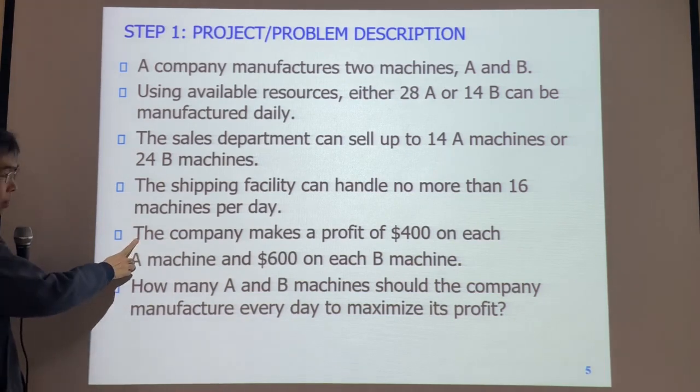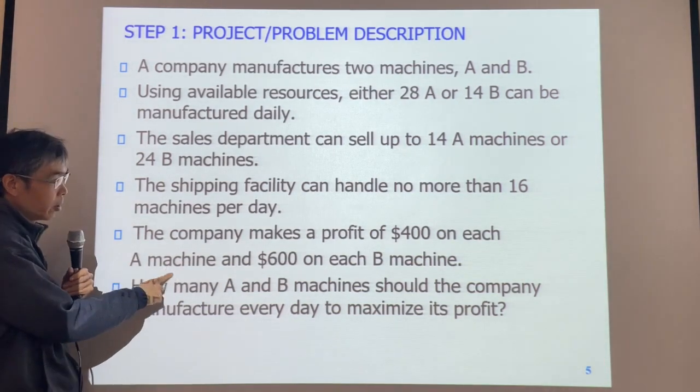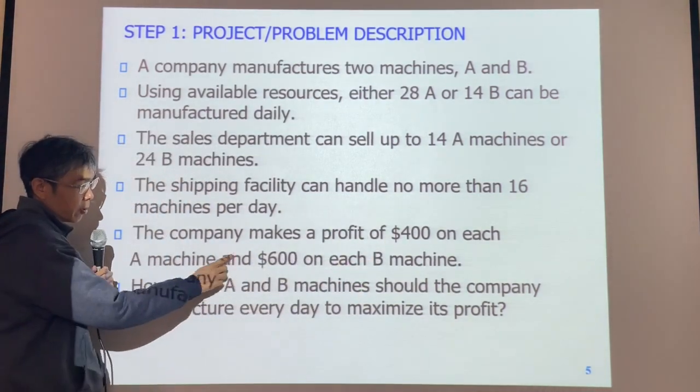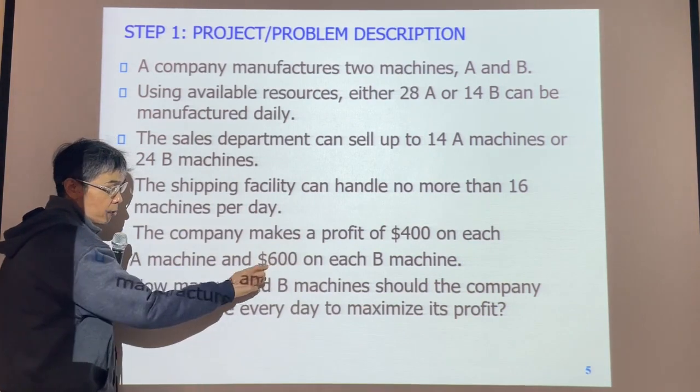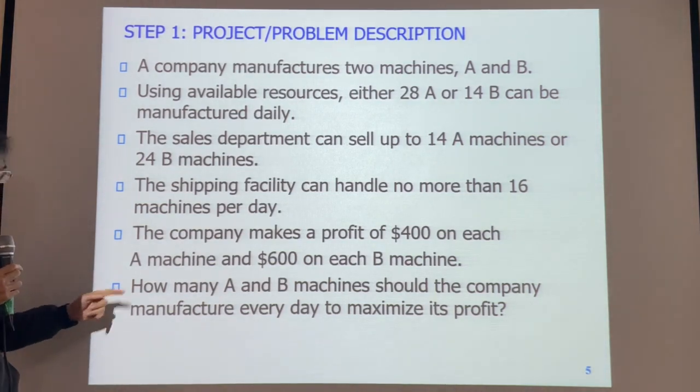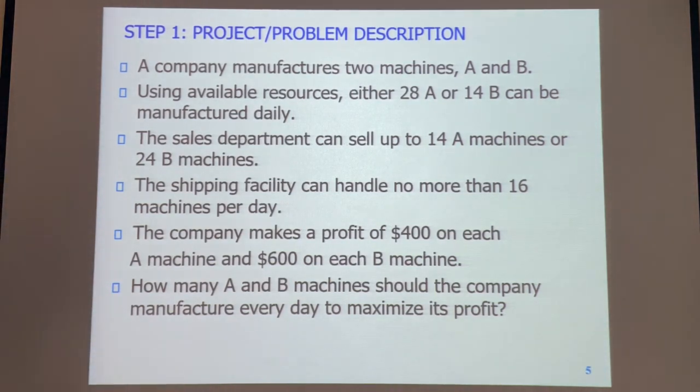So the accounting department, for A machine, they can make a profit of $400. For B machine, they can make a profit of $600. Okay, money making. How many A and B machines should the company manufacture every day to maximize its profit?